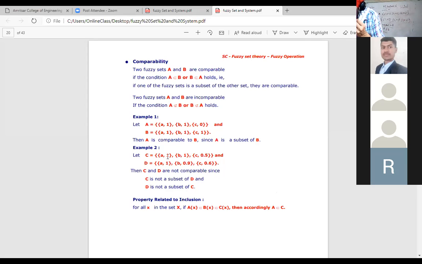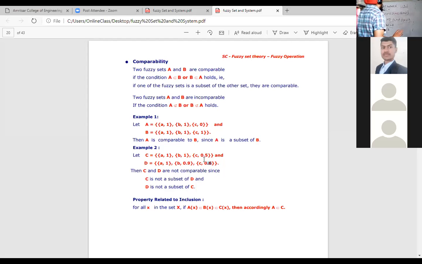Because here 1 is equal to 1, but 1 is greater than 0.9, so C does not become a subset of D. In the second case, 1, 1, 0.9 is less, but 0.6 is greater than 0.5, so D does not become a subset of C. Therefore these two sets are not comparable. It means if one set is included in another set, then only we can compare. If none of the sets are included in one another, then we cannot compare the two fuzzy sets.